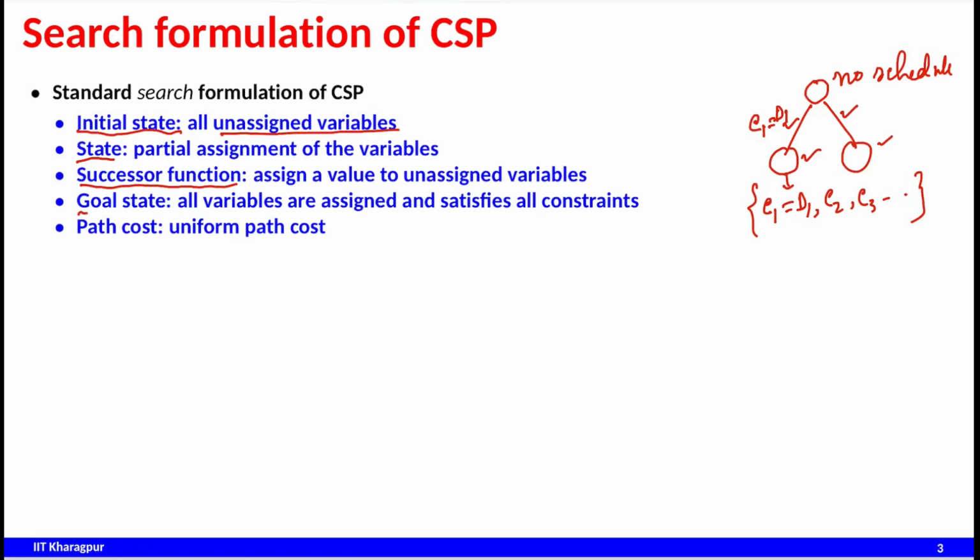And of course we have to define a goal state so that we can identify when we have reached the desired one. In this state all variables should be assigned and all constraints should be satisfied. There can also be a cost for each path that we choose, depending on the problem, and for our case today we will use the uniform path cost. So it's a basic search strategy that we can use to find the solution.